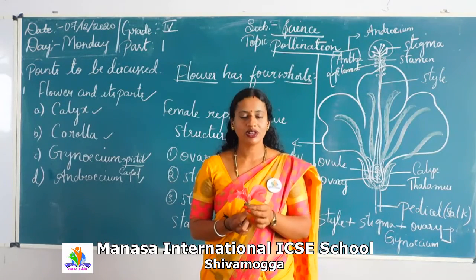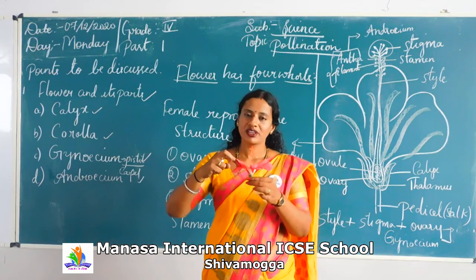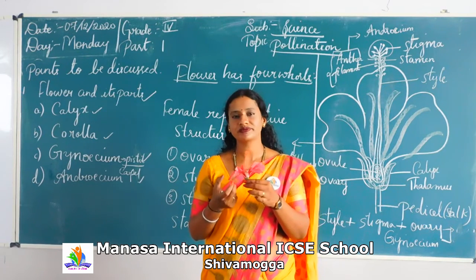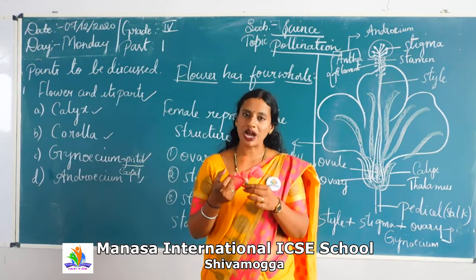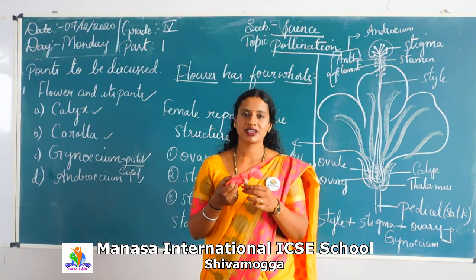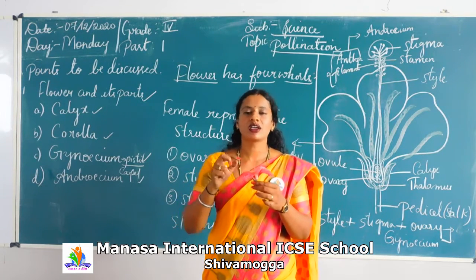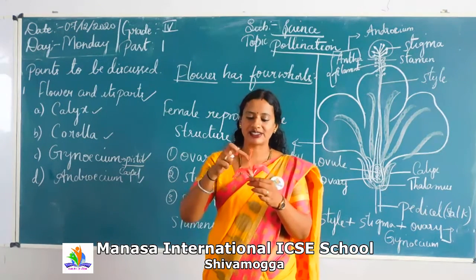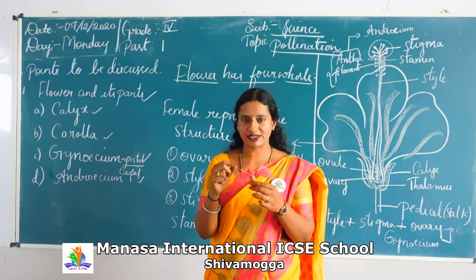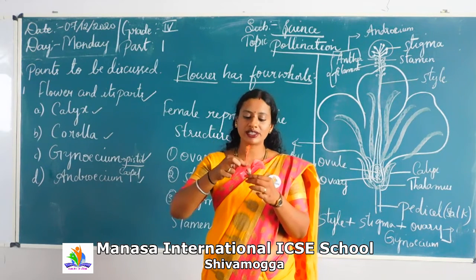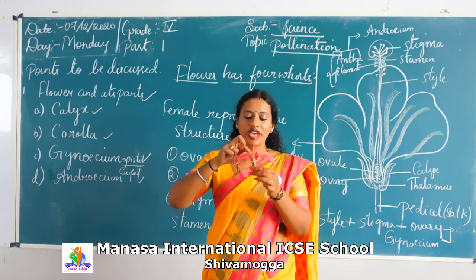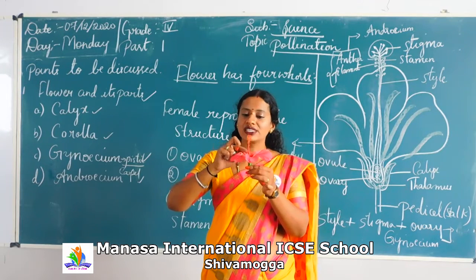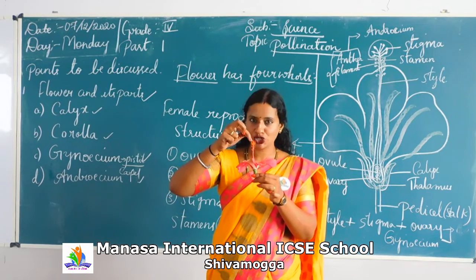The second whorl is the corolla, right? It is the brightly colored part of the flower, and its function is to attract insects. Individual corolla units are known as petals. The third whorl is the gynoecium, where we have a swollen ovary, and a style and stigma at the top.